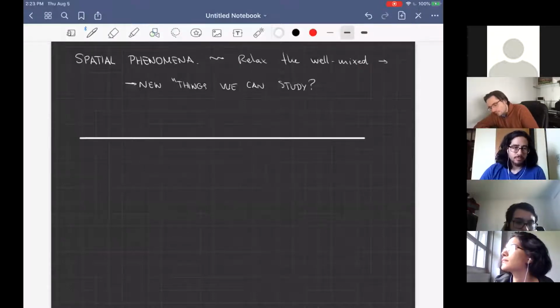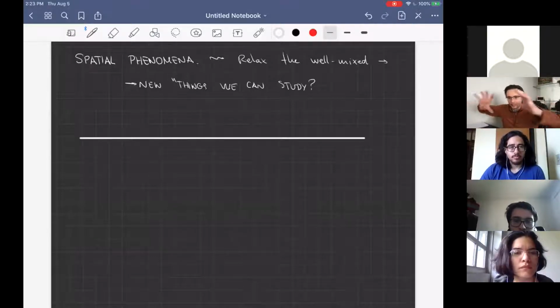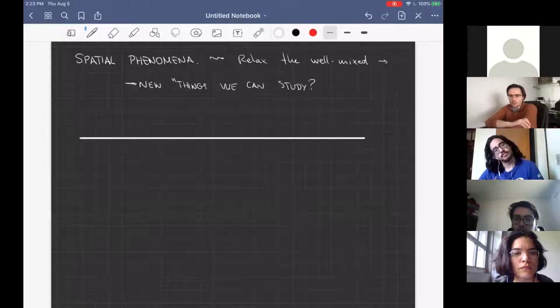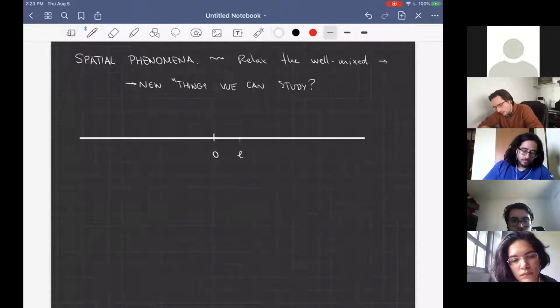This can be very easily generalized to three-dimensional space, animals that move in 3 dimensions, in 2 dimensions. But to do this derivation, let's focus on a one-dimensional case that I think is going to be easier for everyone to follow. Let's assume that here we have our origin and we have a discrete space with some discretization L.